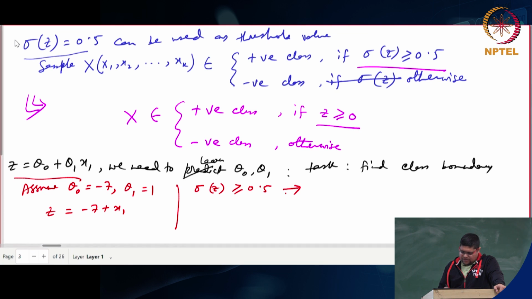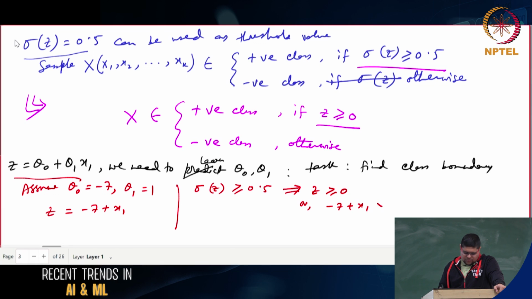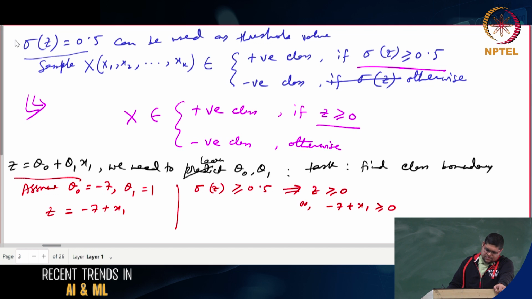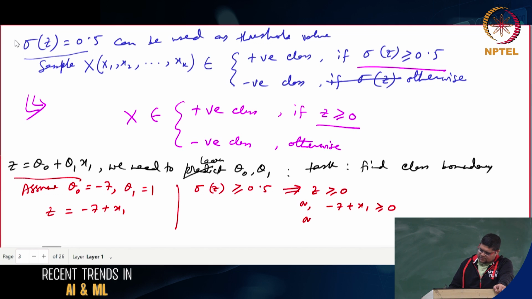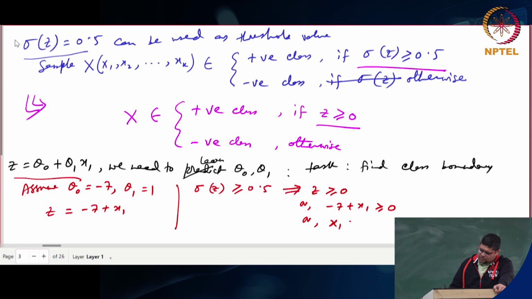So what does it imply? That z is greater than or equal to 0. So what does it mean? -7 plus x1 greater than or equal to 0. So that means x1 is greater than or equal to 7. So what is your class boundary?